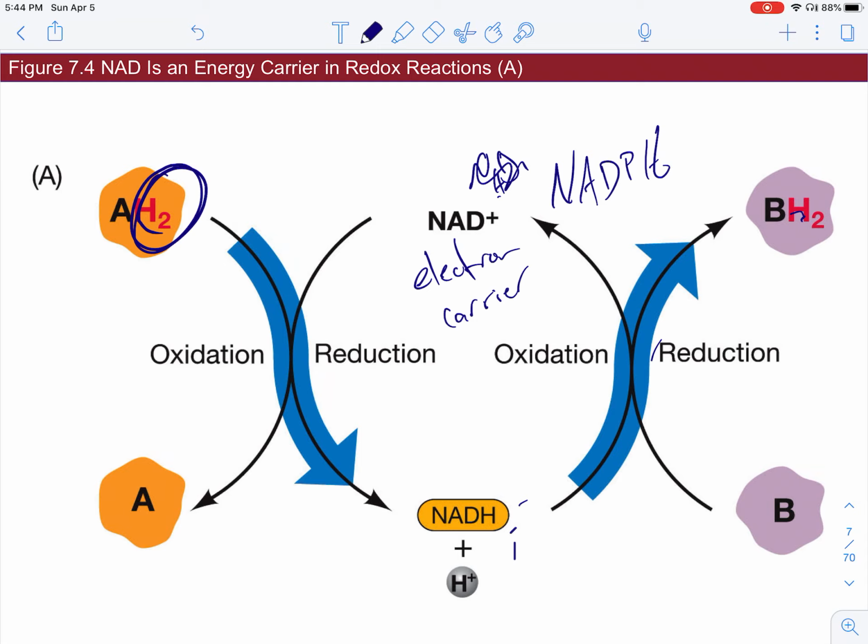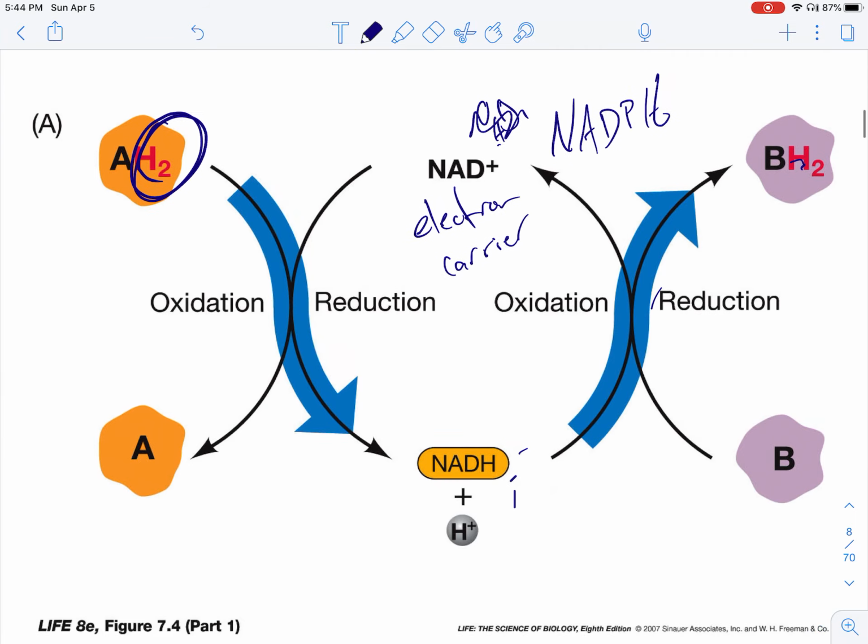and those will go into the mitochondria to deliver those electrons to the electron transport chain so that energy can be produced by the difference in protons across the inner membrane of the mitochondria. So that's where we're headed with all of this.